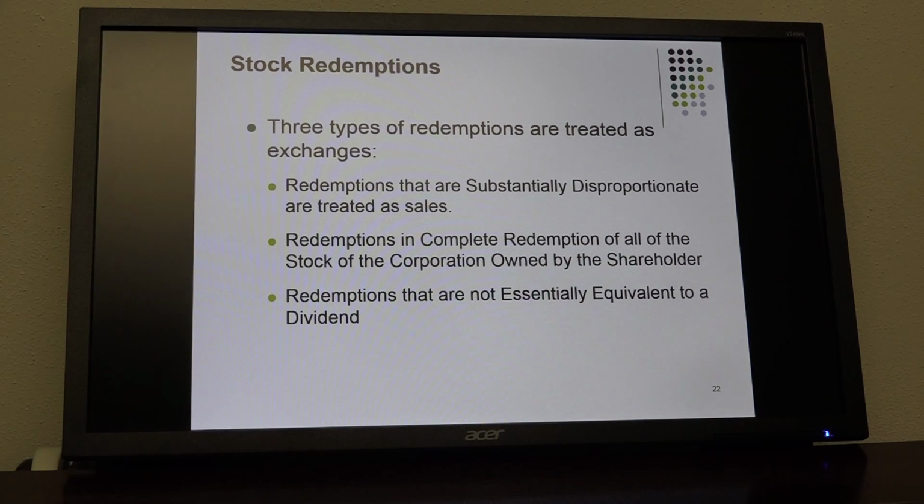On top of that, and this can be a problem for stock in a corporation that's owned by different members of a family, you have what are called the family attribution rules, which basically deems any stock ownership by family members is owned by the shareholder who receives a disproportionate or a substantially disproportionate redemption.